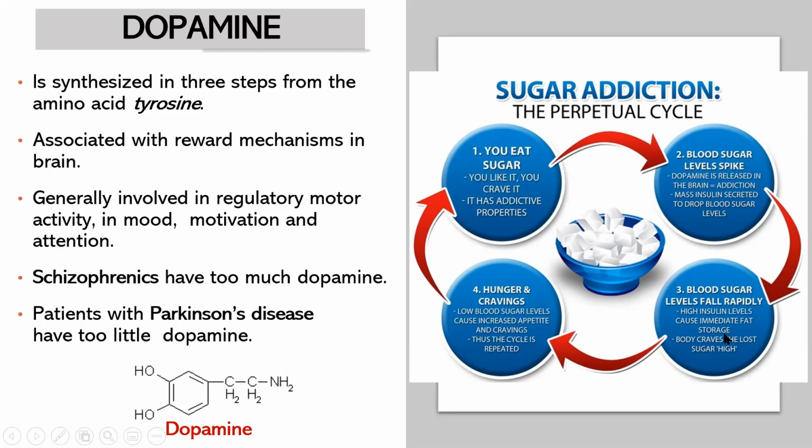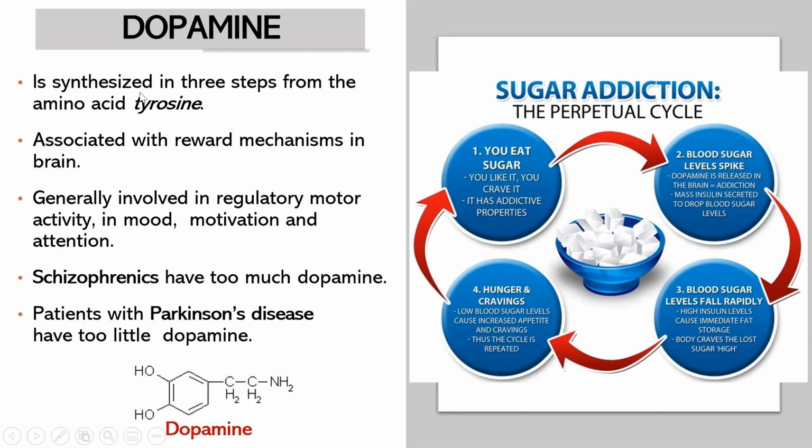When there is a high insulin level, it causes immediate fat storage, and the body craves the lost sugar. So this results in low blood sugar levels and increased appetite and cravings, and then you eat more sugar, and then the dopamine is released, and it's kind of a cycle.